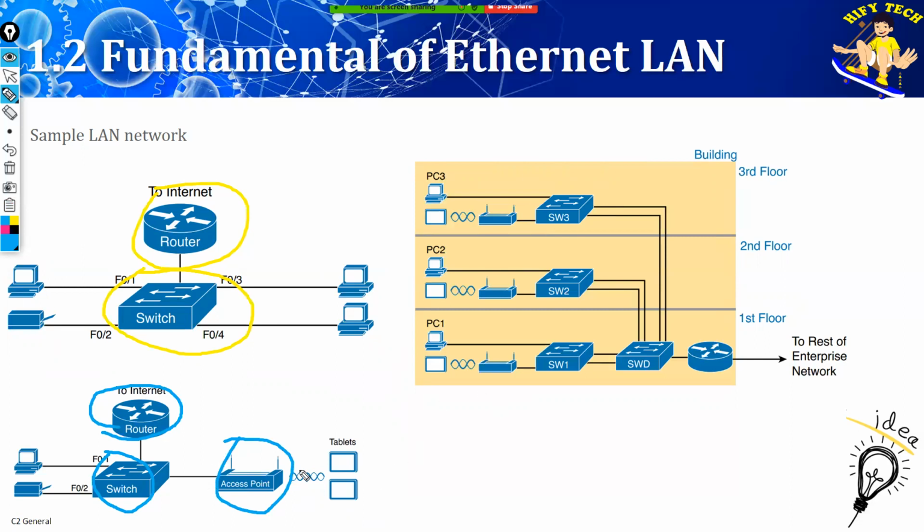This architecture supports mobile phones which have only Wi-Fi and which don't have Ethernet cables. And then the third design is the multi-story design. So in this design as well, we are using an access point, a switch, and a router. And for different stories, we are just using multiple Wi-Fi and multiple switches. So this is the Ethernet LAN network.